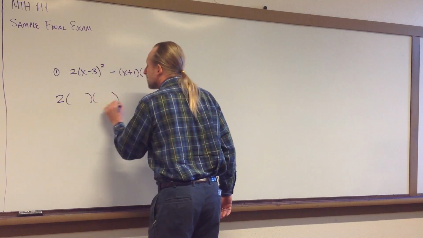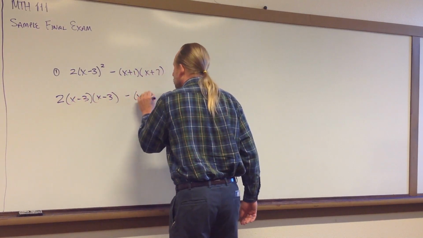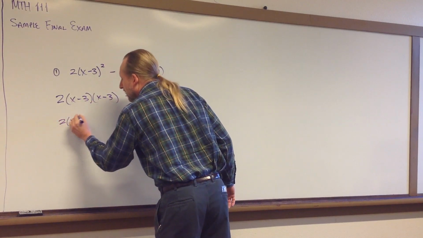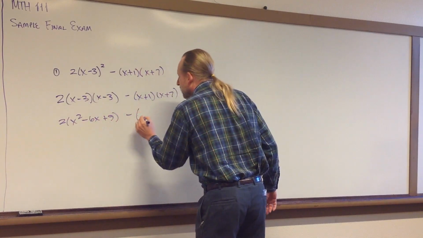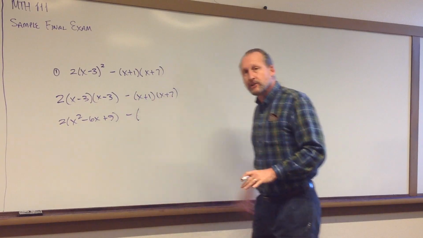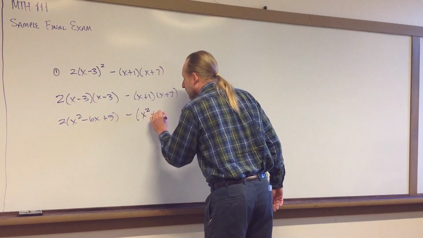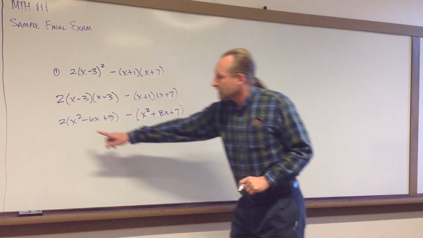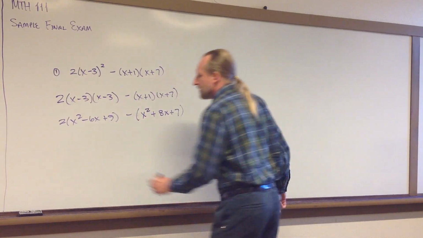2 times (x minus 3)(x minus 3). So this will be x squared minus 6x plus 9. And then here, we'll keep the parentheses because this negative sign is going to change all of the signs inside the parentheses. This will be x squared plus 8x plus 7. So now we're going to distribute the 2 into this parentheses and the minus 1 into these parentheses.